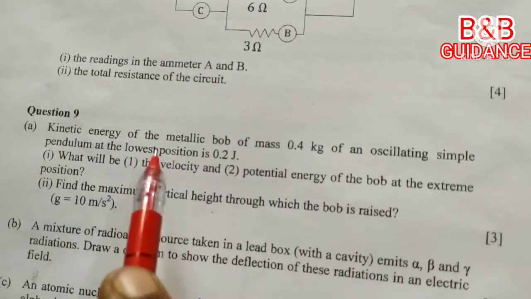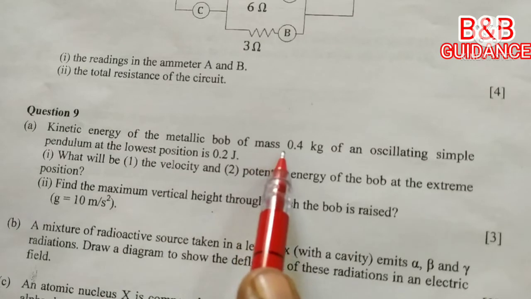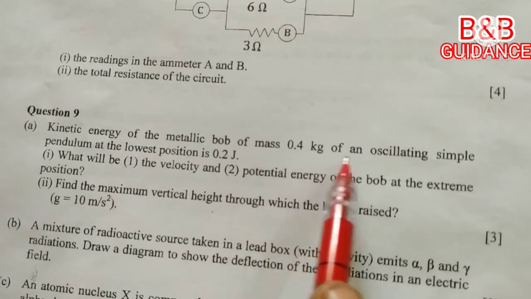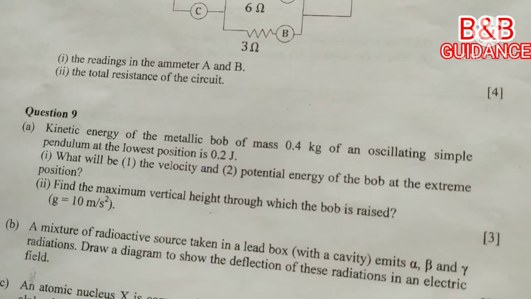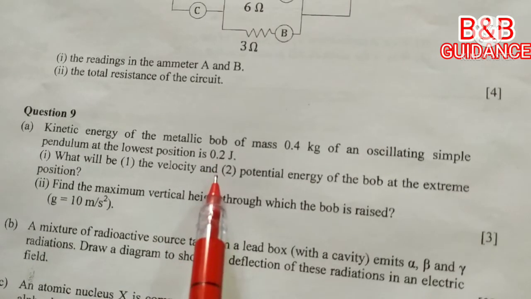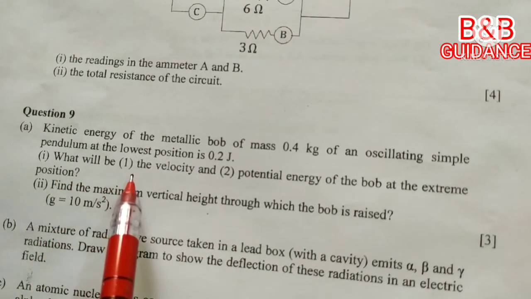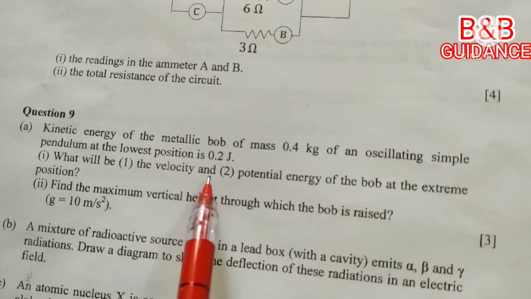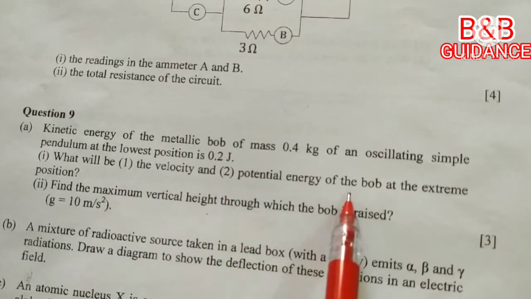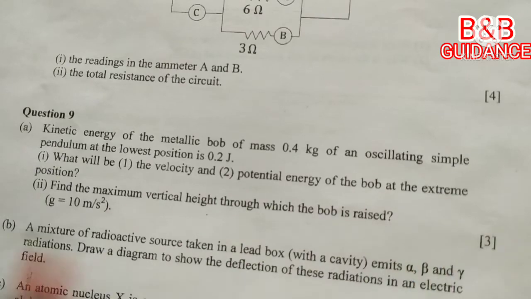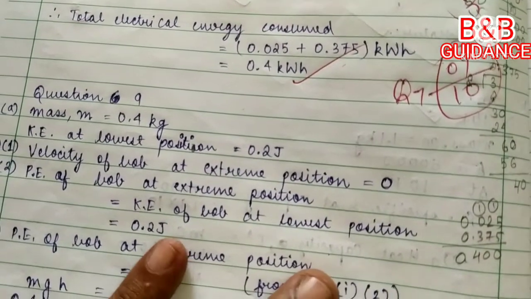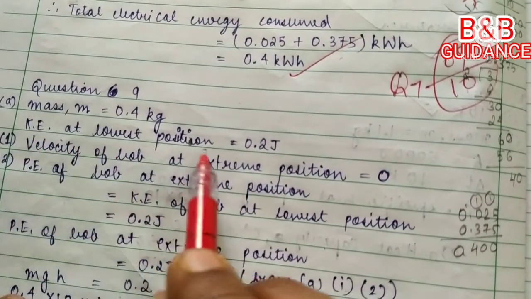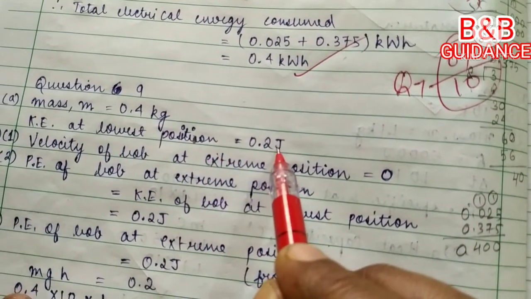Okay, the kinetic energy of the metallic bob of mass 0.4 kilogram of an oscillating simple pendulum at the lowest position is 0.2 joule. What will be 1, the velocity, and 2, the potential energy of the bob at the extreme position? So, kinetic energy at the lowest position, okay, 0.2 joule given in the question.